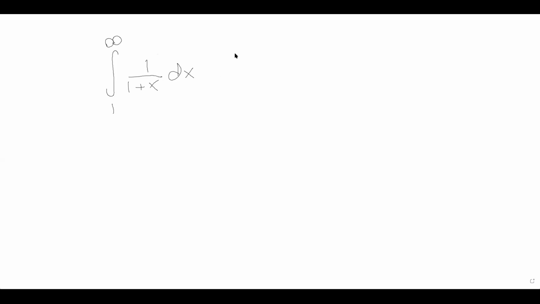So the limit as x approaches infinity of 1 over 1 plus x. We could just imagine x getting larger and larger. I actually want to reverse the order of these, so we have x plus 1 downstairs.